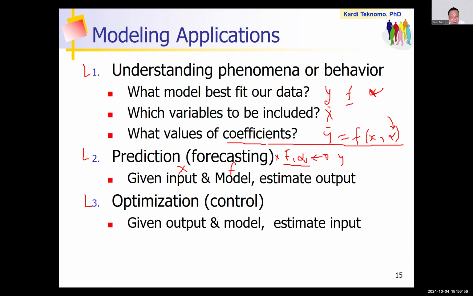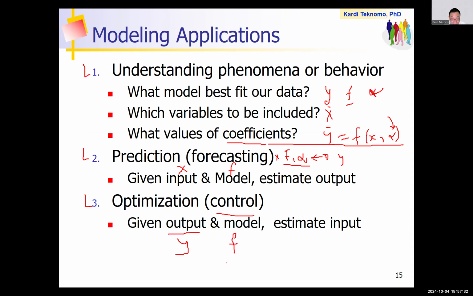Now, in planning, it's not enough just to forecast. You need to control. You want to intervene. So to control, you need to have a goal. You have a target, you have the objective. So that goal represents the output. You have the goal, the output, and you also have the model f.